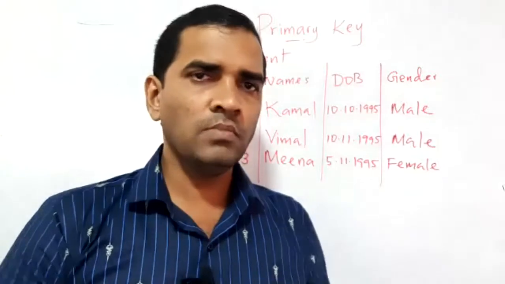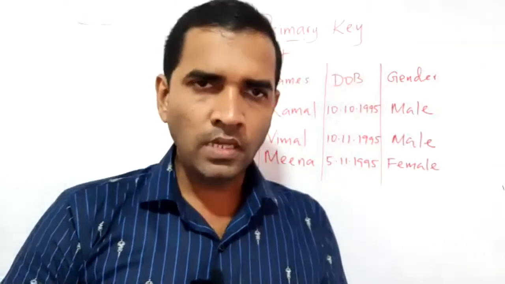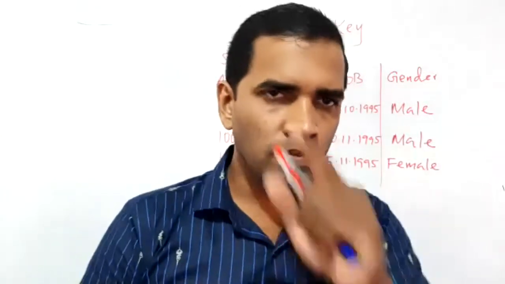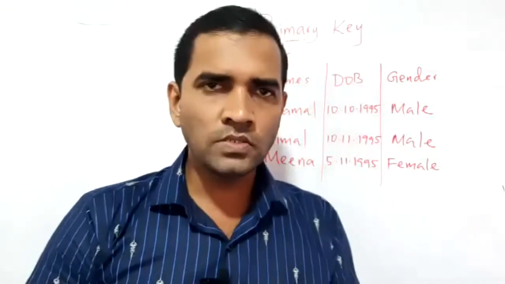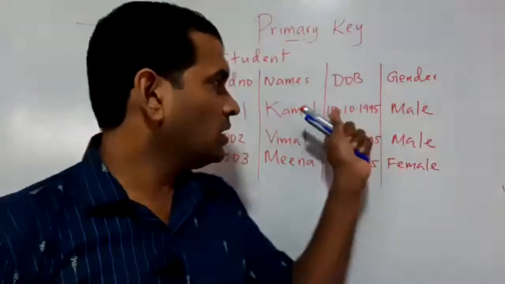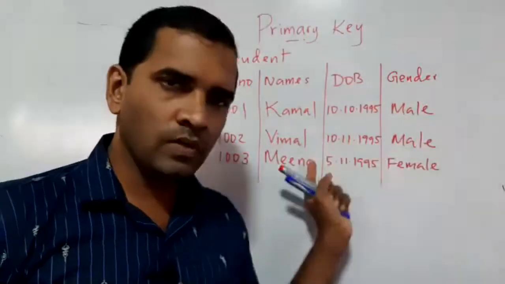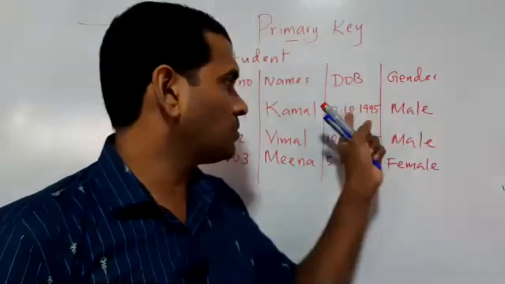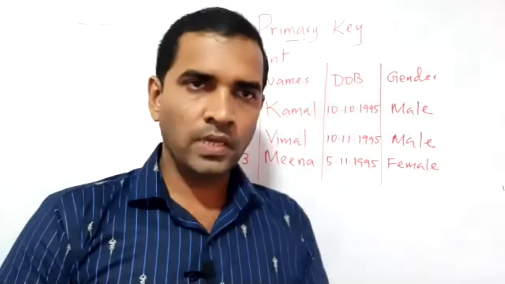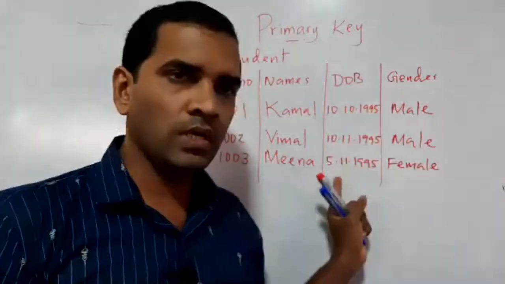So again, I cannot identify that particular person using that date of birth because there are 3 students standing up. So here also, you cannot identify every record by using date of birth because there is a possibility for duplication.